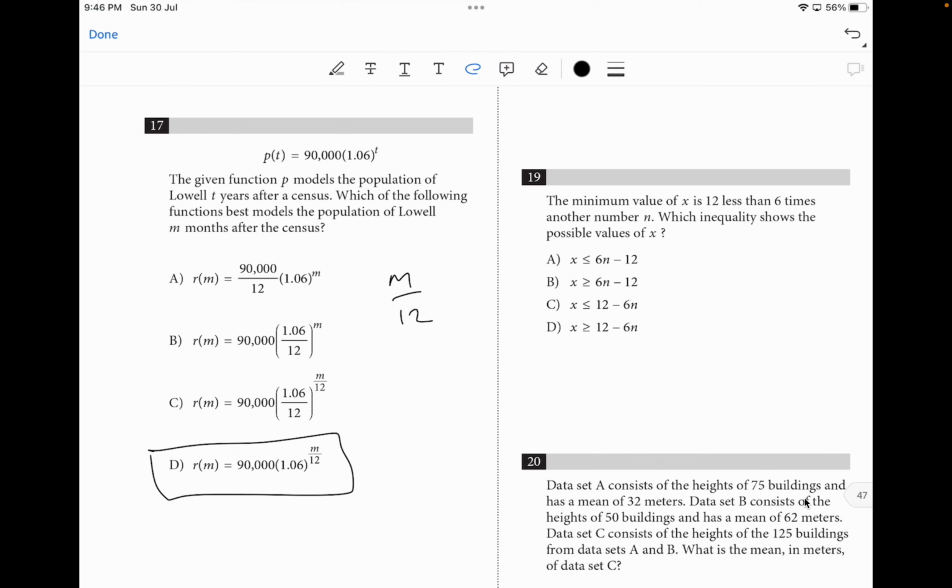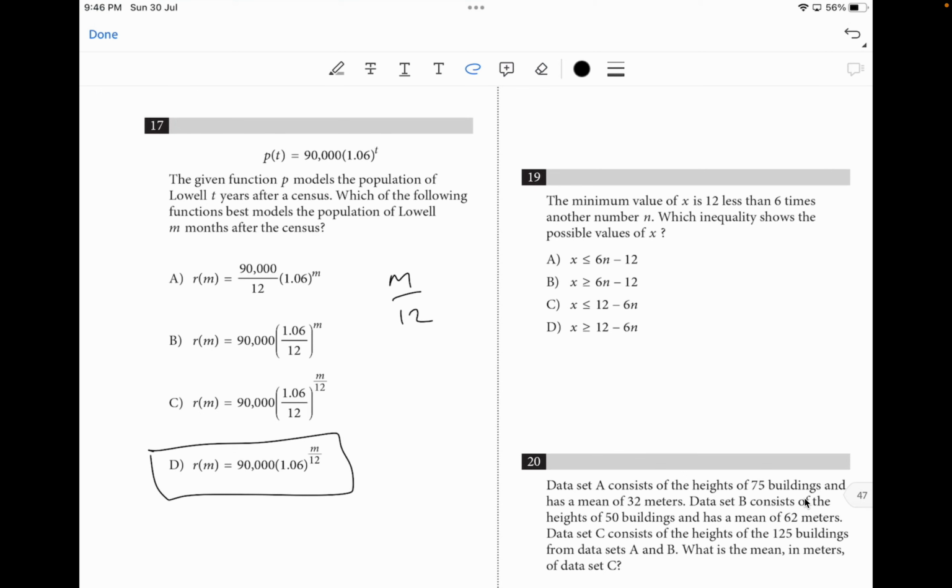We substitute the value of T with M divided by 12, which gives us a new function. And therefore the function R that best models the population of Lowell M months after the census is R of M equals 90,000 times 1.06 all raised to the power of M divided by 12.